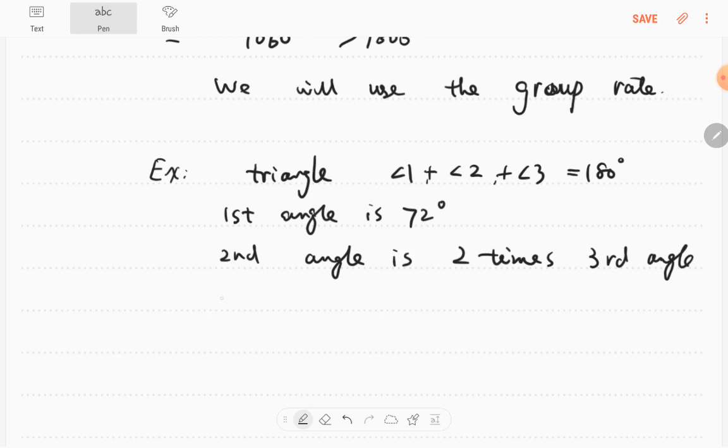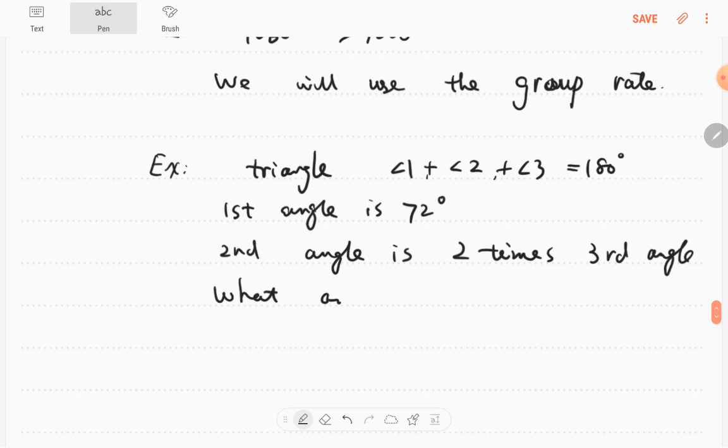So we are interested in what the three angles are. What are the three angles?